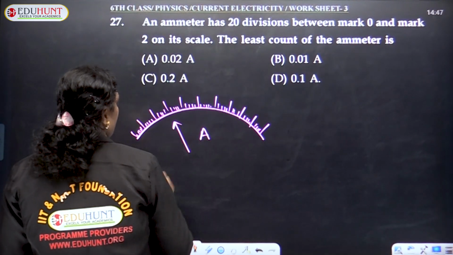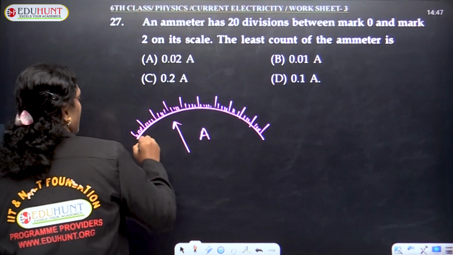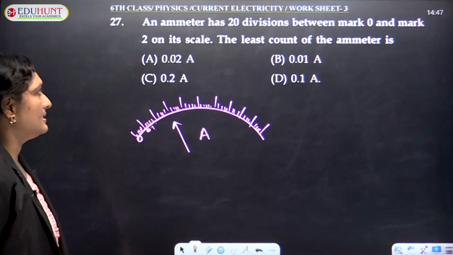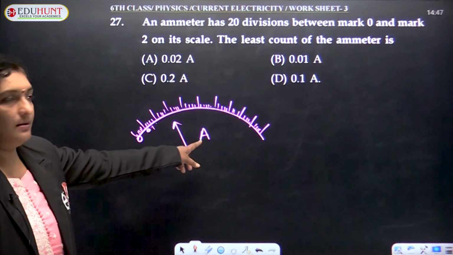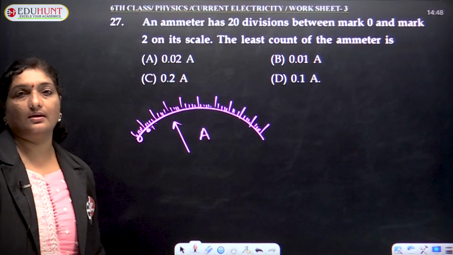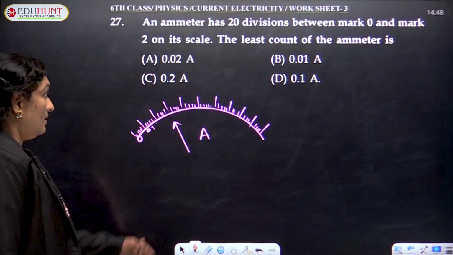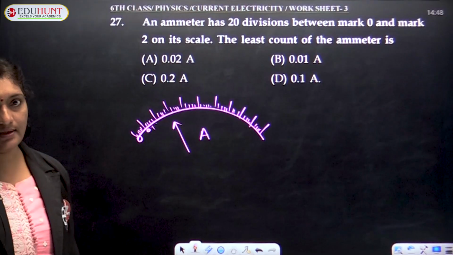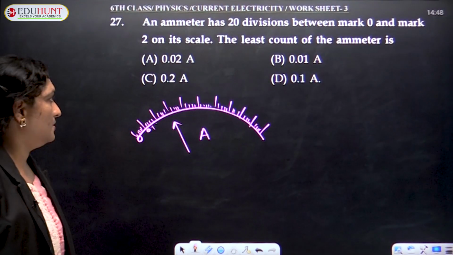The pointer will show some particular value, say 0.1, 0.2. A indicates your ammeter, and an ammeter generally measures the electric current passing through the circuit.